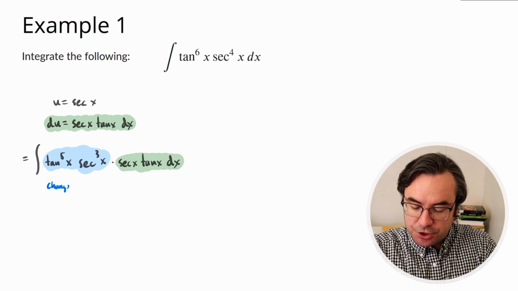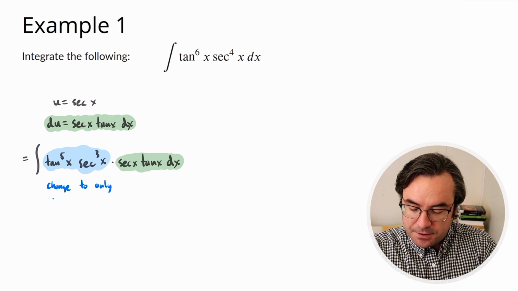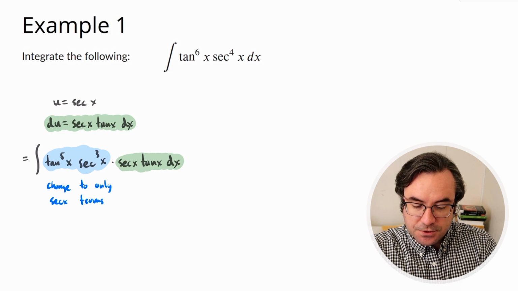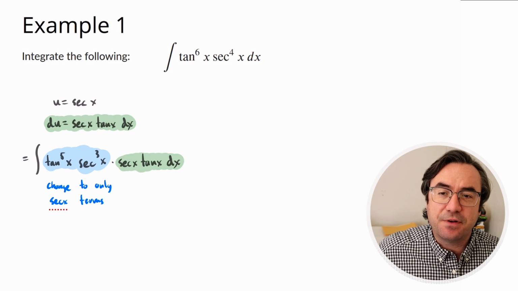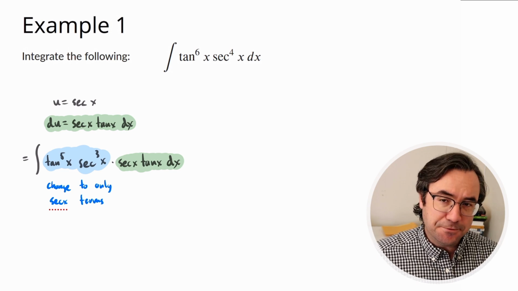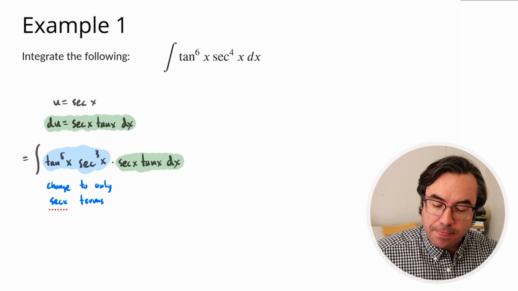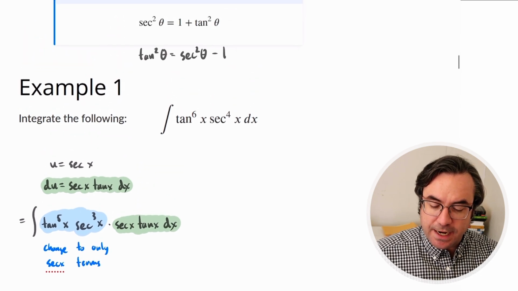So we want to change to only secant x terms. So that means we got to get rid of this tangent raised to the power 5. Well, how are we going to do that? If we go back up, what's our trig identity?